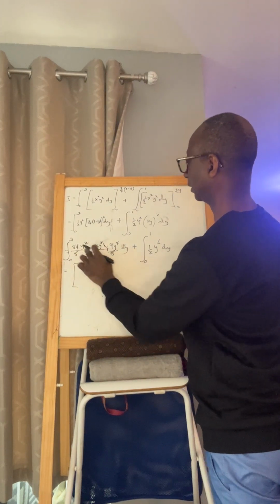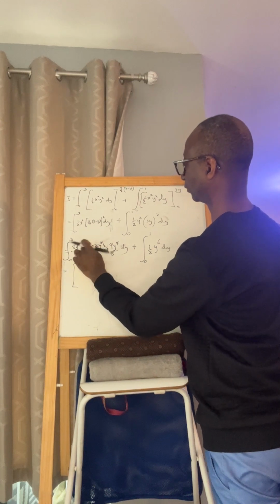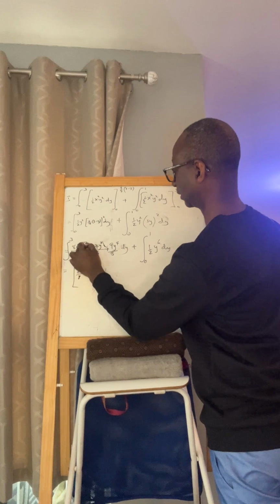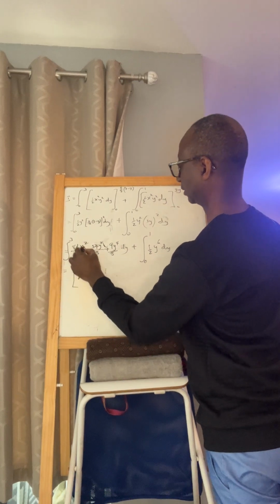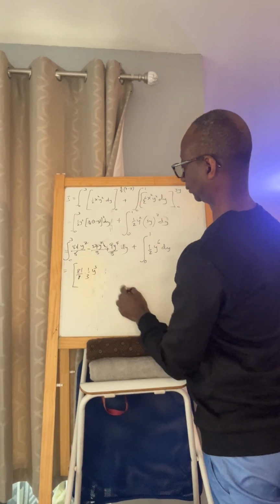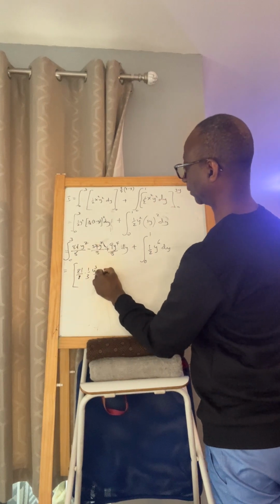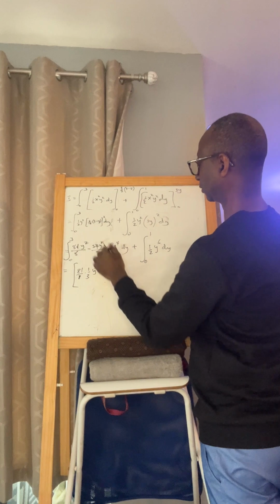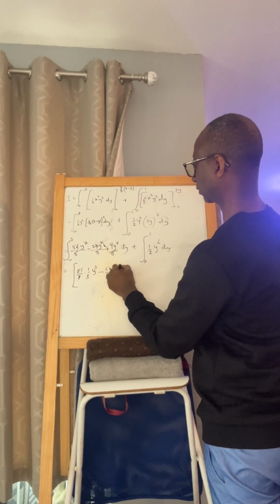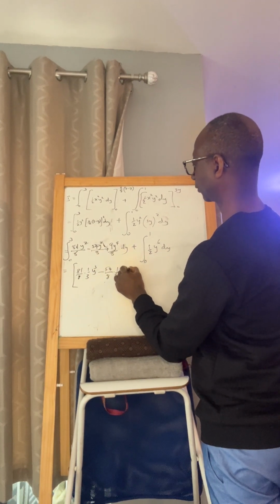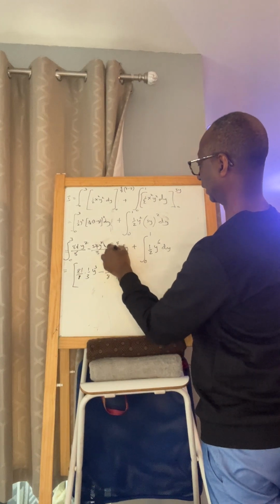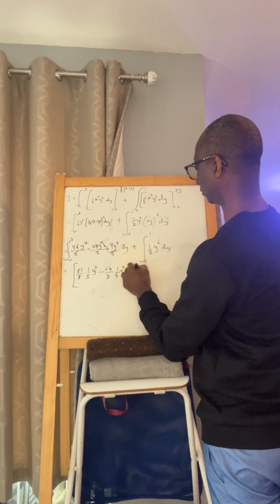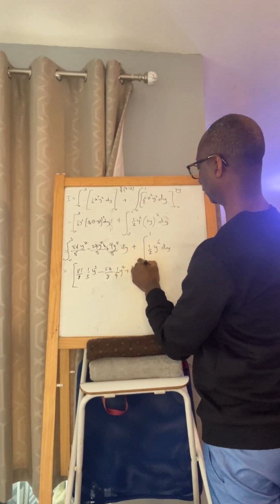If you integrate this with respect to y, first you have your 81 all over 8 times 1/3 y cubed, minus your 54 all over 8 times 1/4 y to the power of 4, plus your 9 all over 8 times 1/5 y to the 5.